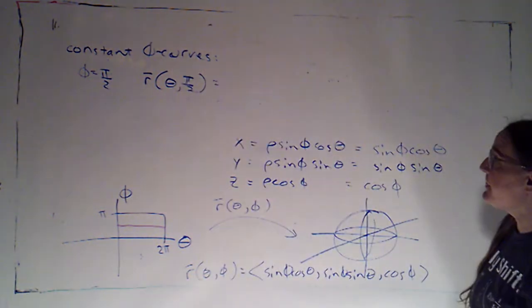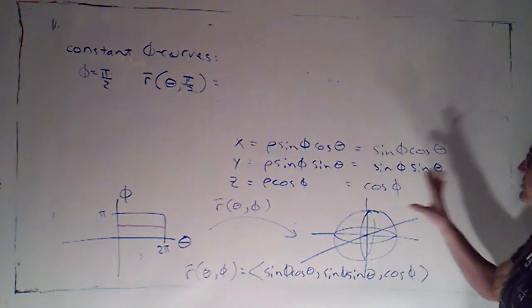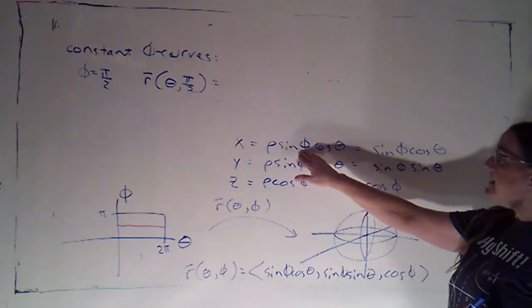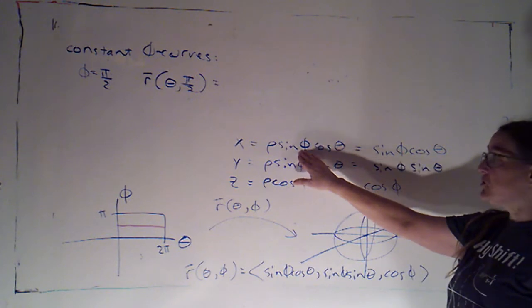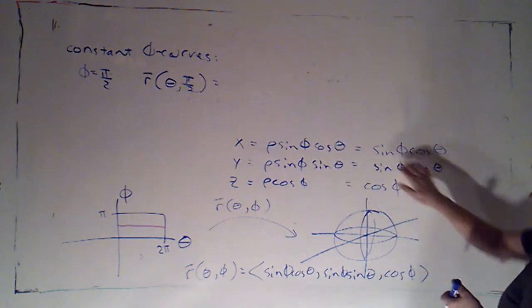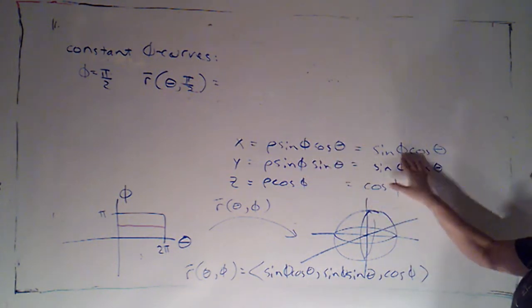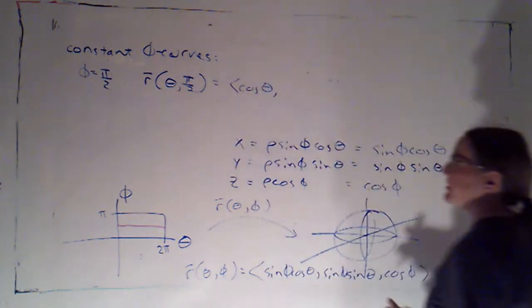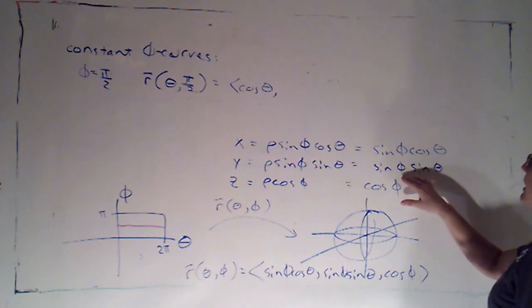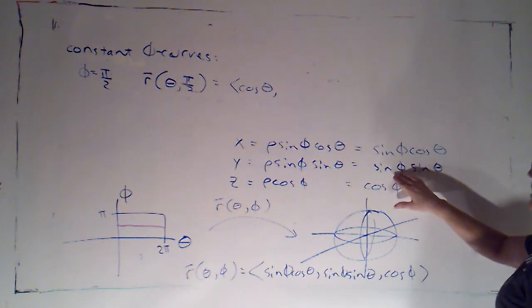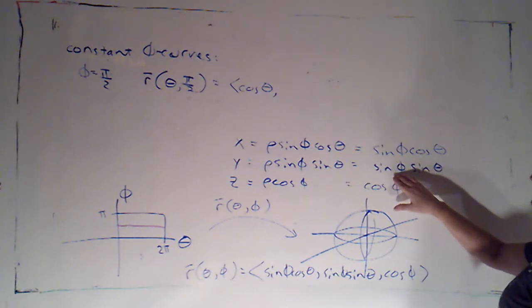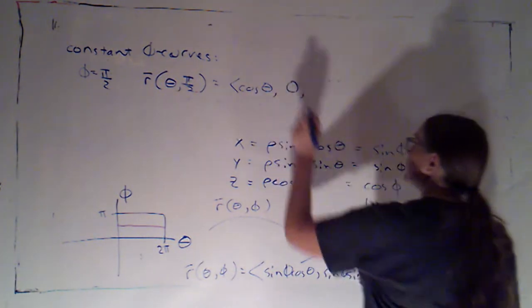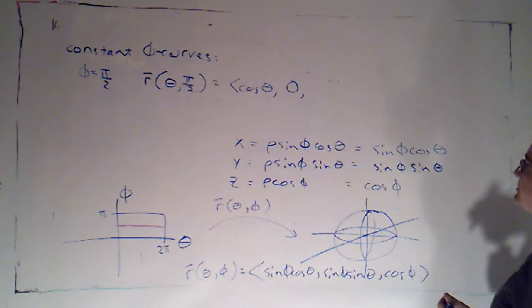I'm going to keep theta as a variable, but just let phi be fixed at pi over 2. Now sine of pi over 2 is 1, so I'm just going to get cosine of theta for my x value.